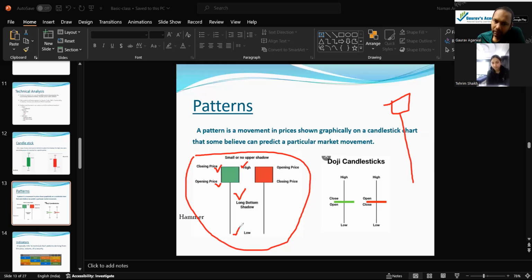It may be red, it may be green. As I told you yesterday, there are two colors, so the hammer will also come in two colors, one green and one red. But how will you trade the hammer? I will show you in the chart, then you will understand.